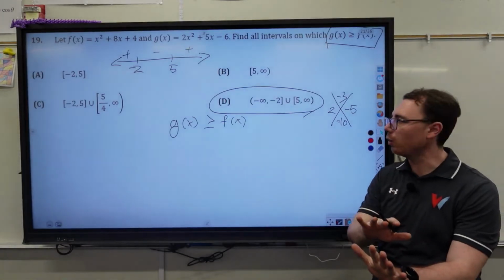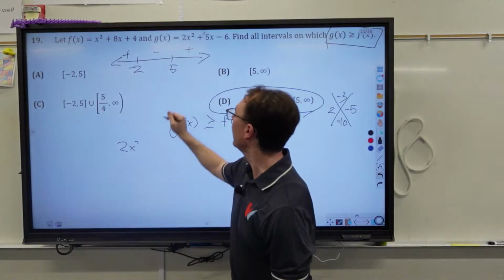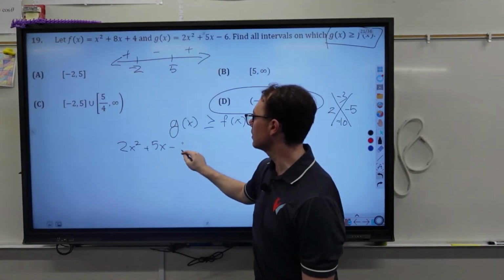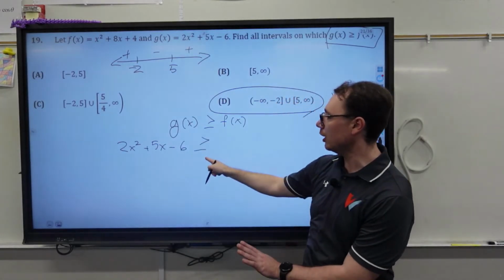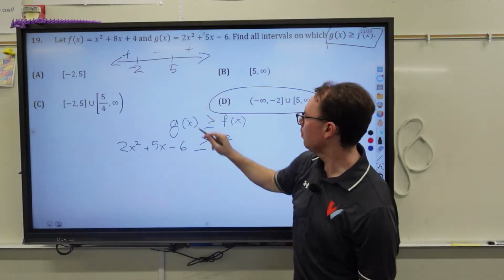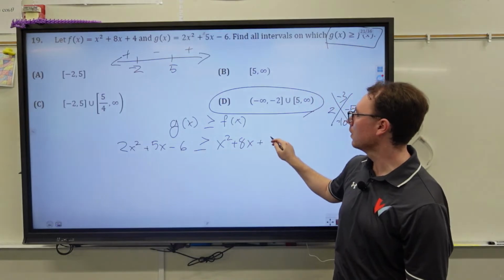Immediately, I can make that equation where g of x is just this 2x squared plus 5x minus 6 is greater than or equal to f of x, which is just x squared plus 8x plus 4.